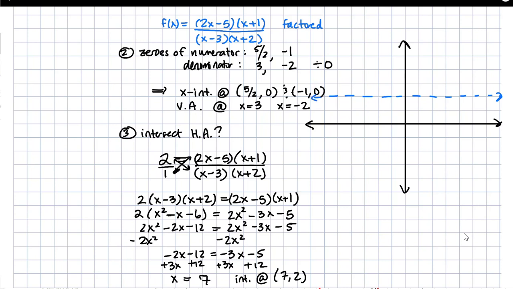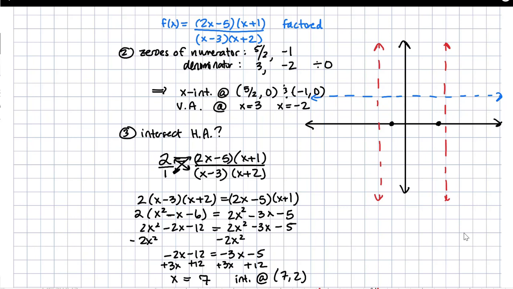We had vertical asymptotes at 3 and -2. And then we had x-intercepts at 5/2, so 2.5, and -1.